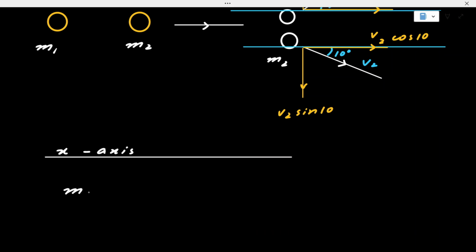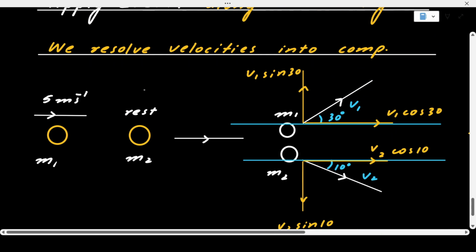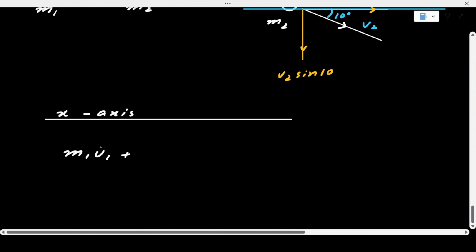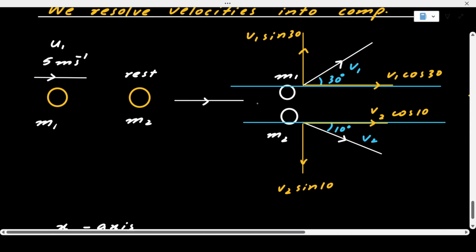So m1 u1, this is u1, by the way, plus the momentum of the second, which is 0. I don't even need to write 0, but I'm just writing it anyway. Plus the momentum of the first mass after the collision along x-axis.